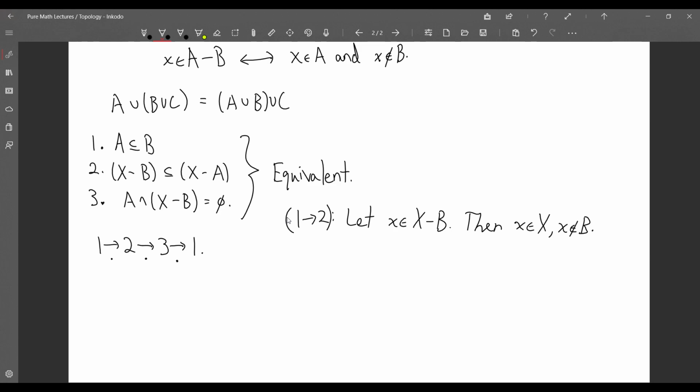Now, we can argue by contradiction here. Suppose x is in A, right? Because we want to show it's not in A. Suppose x was in A. Then since A is a subset of B, x is in A implies x is in B, which is a contradiction.